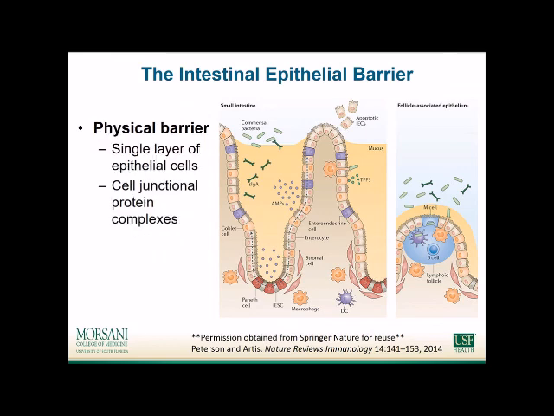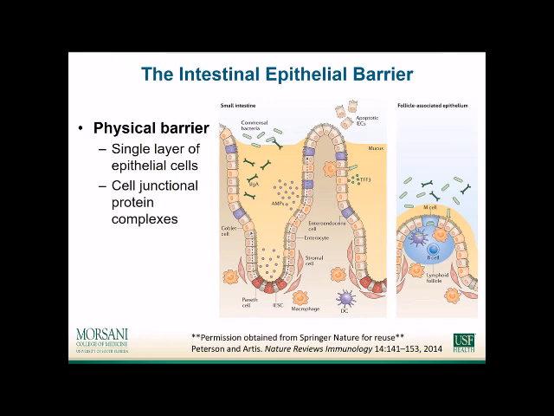The second piece of the intestinal epithelial barrier is a physical barrier, and that's the single layer of epithelial cells themselves. These epithelial cells act like any other epithelial cells. They create very tight communication between each other, so the role of cell junctional protein complexes is absolutely critical for epithelial barrier function.